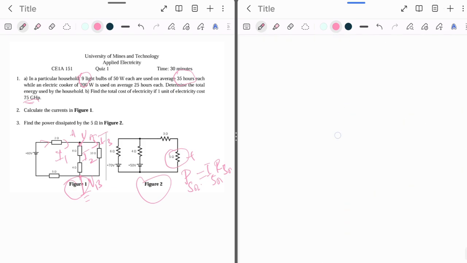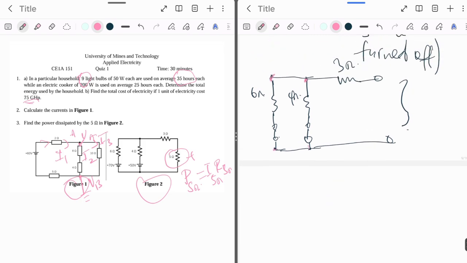So we can write RTH is going to be equal to the equivalent resistance for this circuit, which is 6 ohms and 4 ohms in parallel, and then they are in series with 3 ohms.